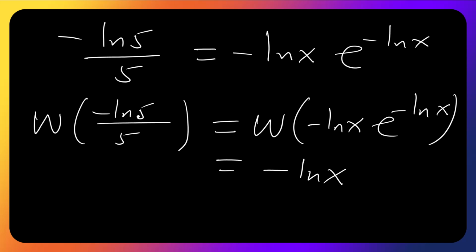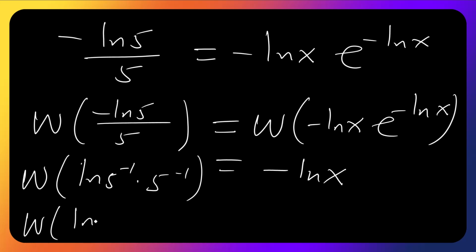Writing this in linear form, it is W function of ln of 5 to the power minus 1 times 5 to the power minus 1... now I want to introduce e here, so this is the same as W function of ln of 5 to the power minus 1 times e raised to ln of 5 to the power minus 1.